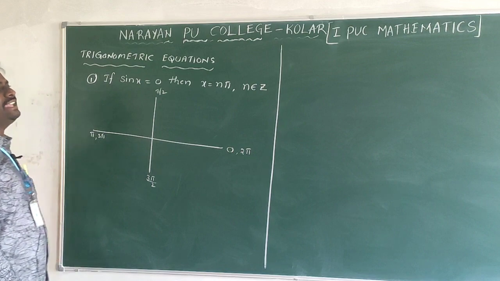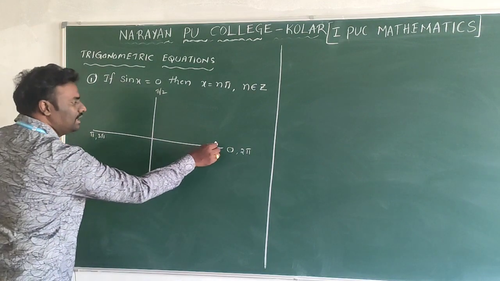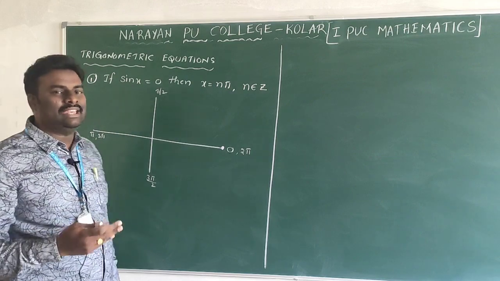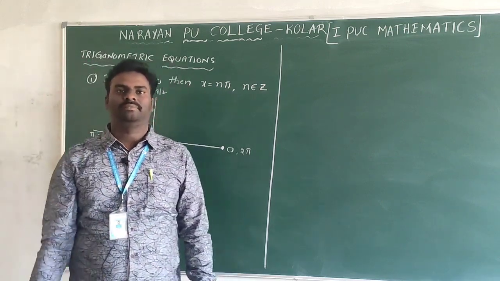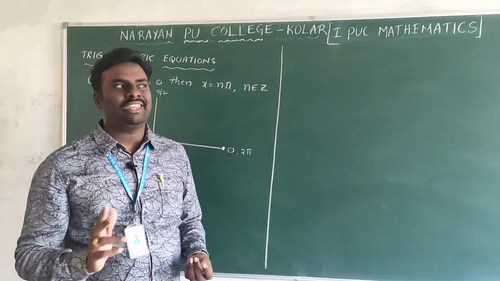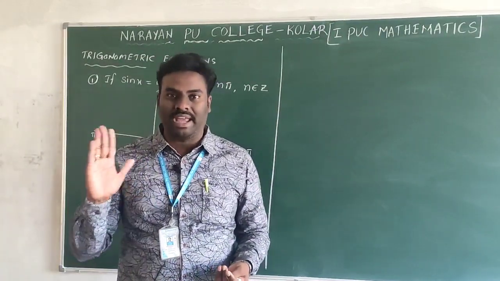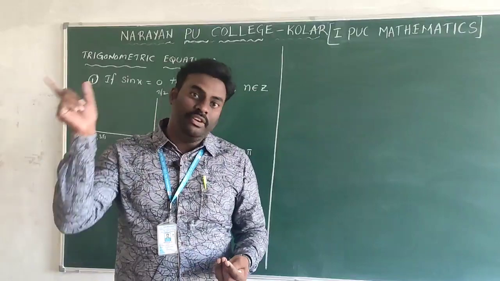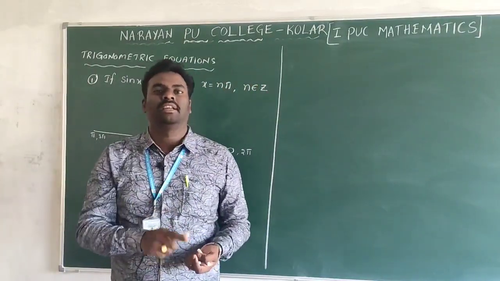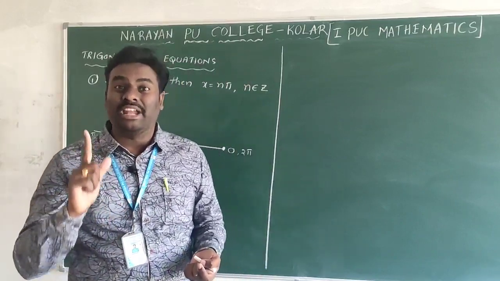So if you take the angles on the horizontal line, I am starting here and measuring the angle in the anti-clockwise direction. If the angle is measured in the anti-clockwise direction, that is considered a positive angle. If you measure the angle in the clockwise direction, that is considered a negative angle.